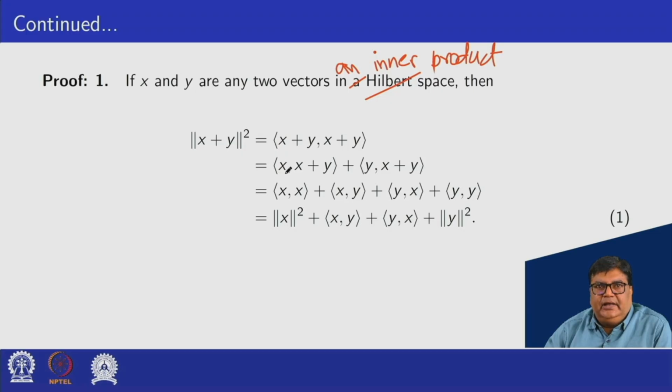This can be written as the inner product of x with x + y plus the inner product of y with x + y. Again, using the first property, this is the inner product of x, x plus the inner product of x, y plus the inner product of y, x plus the inner product of y, y. This can be written as norm x^2 plus inner product of x, y plus inner product of y, x plus norm y^2. Equation 1.